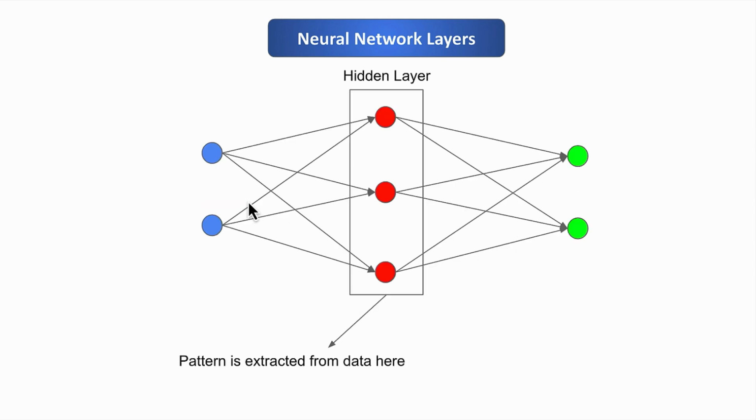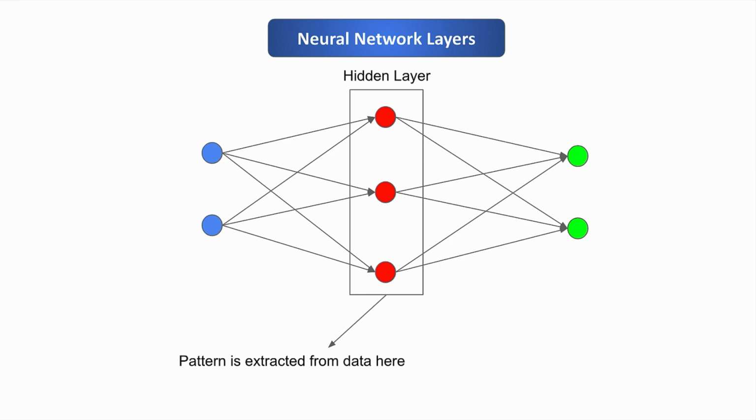After that, the second type of layer is called the hidden layer, and it is represented here with red circles. The layer after the input layer is called the hidden layer, and the pattern from the data is extracted here. As I have repeated multiple times, machine learning is all about pattern finding. So in deep learning, our ultimate goal is to find the pattern in the data on which our model is being trained. The pattern from the data is extracted at the hidden layer. Right now in this hidden layer there are three neurons, but it can have any number of neurons.